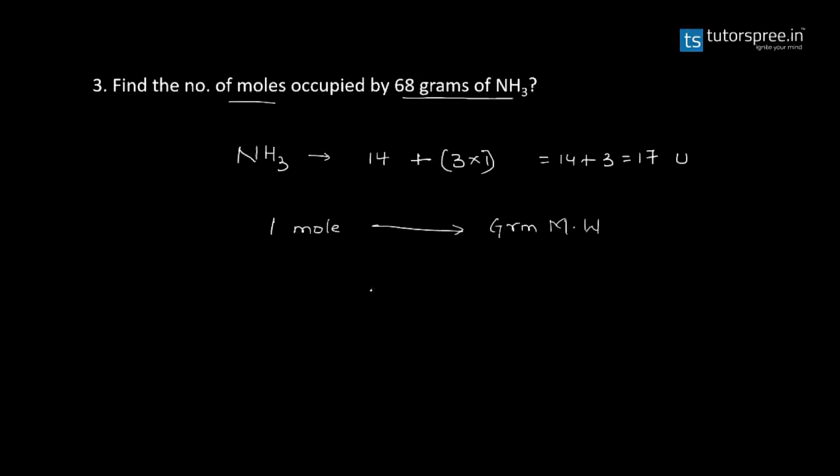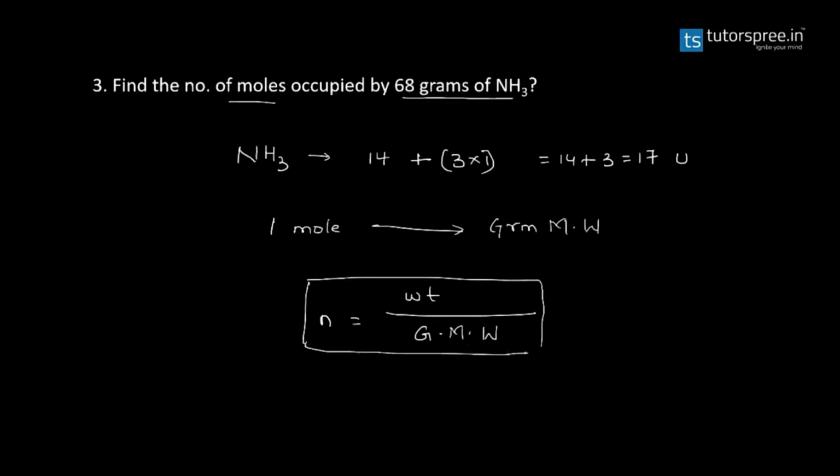So, how do we calculate the number of moles? The number of moles is equal to the weight of the substance by the gram molecular weight of the substance. This is the formula that we use for finding it out.